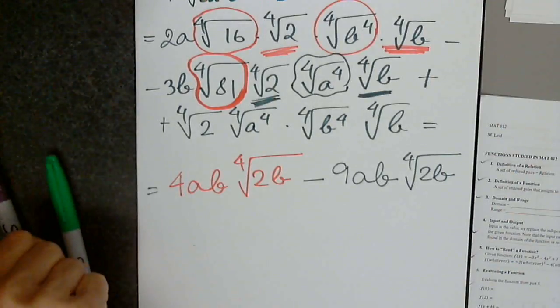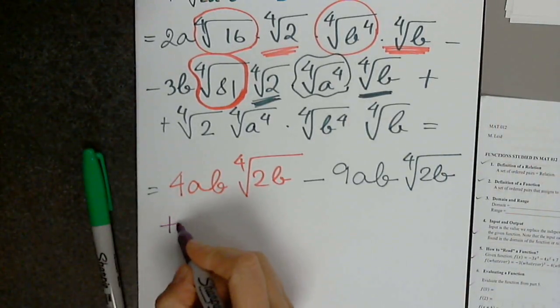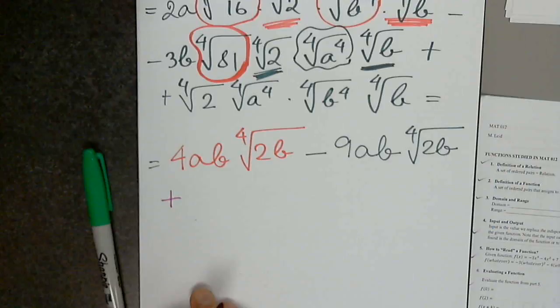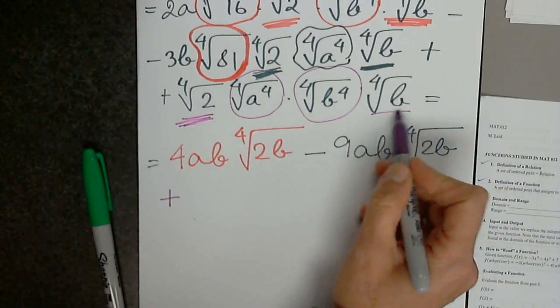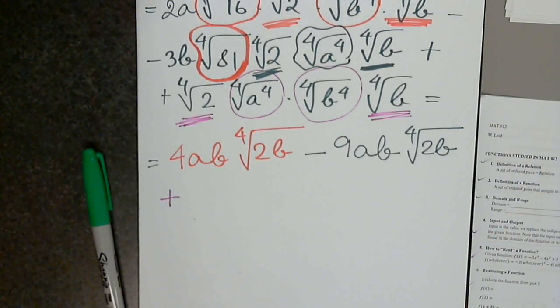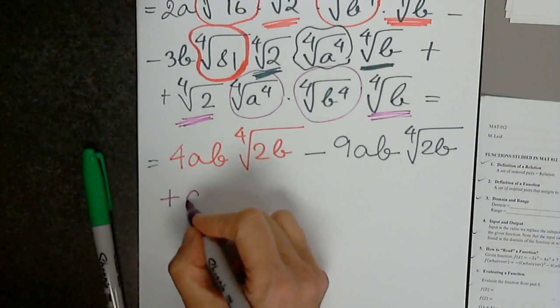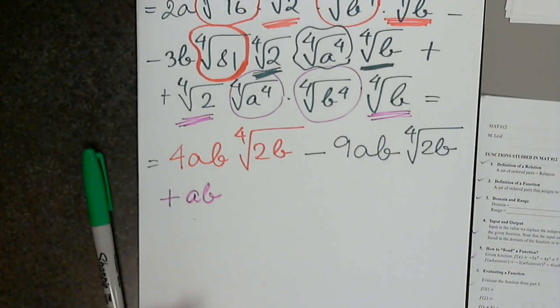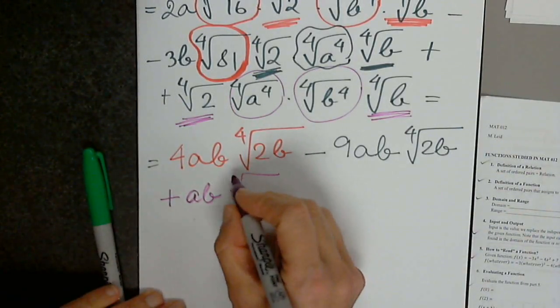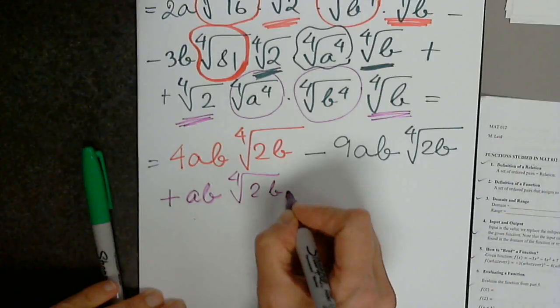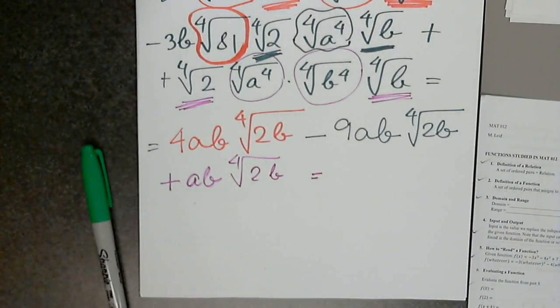Okay, can anyone give us the third one, which is plus? This will come out, and this will come out, but these two have to stay. Just ab. There is no number in front, it's just 1. And then the fourth root of 2b. After all this work, look at those 3 radicals and say yay or nay.